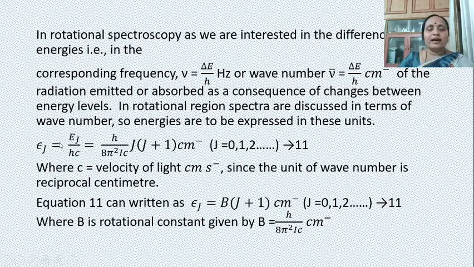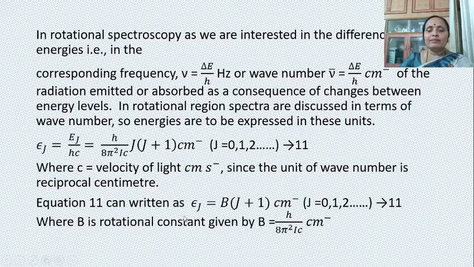Here I am going to write epsilon j, representing the rotational energy itself. This epsilon j, or Ej by hc, will be equal to h/(8π²Ic) j(j+1), where c is the velocity of light, and the unit of wave number is centimeter inverse.